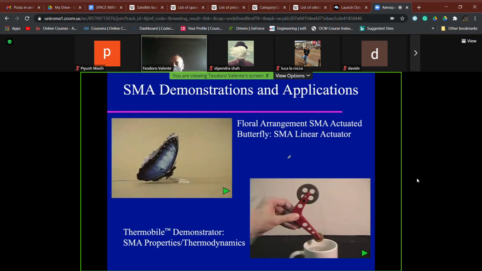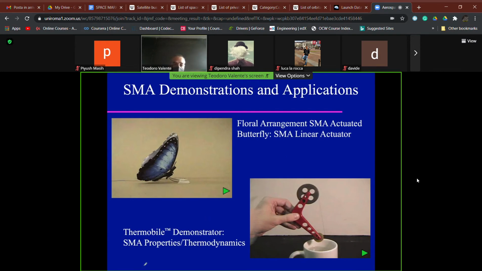Okay, just for the purpose of your curiosity, these are some other applications in which memory alloys have been used, the so-called SMA butterfly. Again, in this case, the wings of the butterfly can be moved by inducing shape and size change using nickel titanium wires in which current density flows in order to change the temperature.